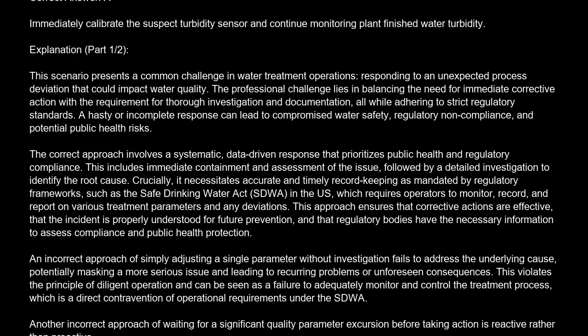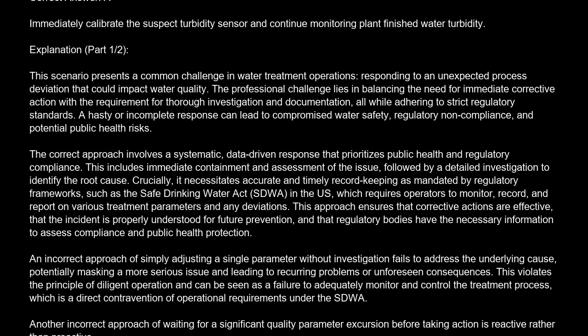Crucially, it necessitates accurate and timely record keeping as mandated by regulatory frameworks, such as the Safe Drinking Water Act (SDWA) in the U.S., which requires operators to monitor, record, and report on various treatment parameters and any deviations. This approach ensures that corrective actions are effective, that the incident is properly understood for future prevention, and that regulatory bodies have the necessary information to assess compliance and public health protection.